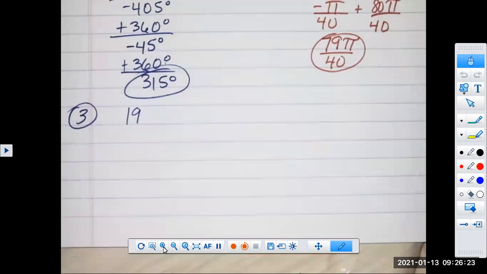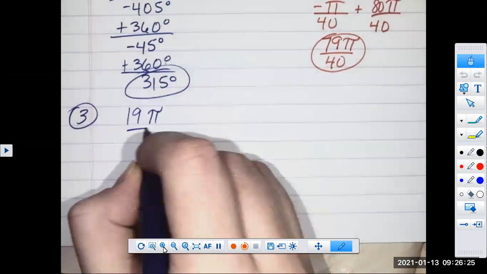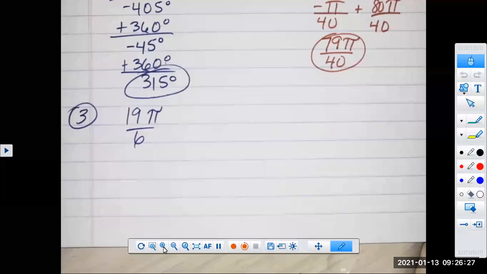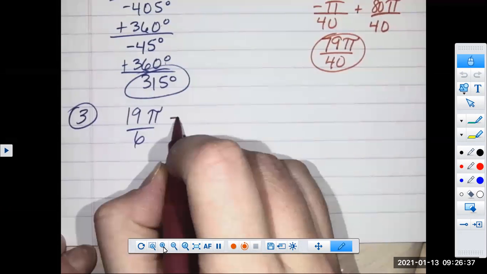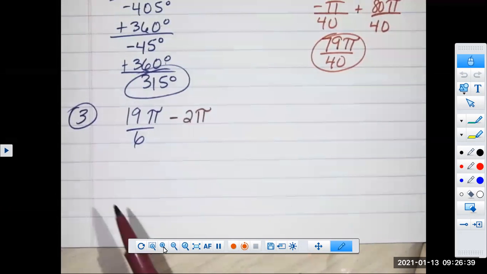All right, 19 pi over 6. This is a positive angle in radians. Find its coterminal angle. Do you add or subtract 2 pi? Good, it's positive, so we're going to subtract 2 pi. Also notice that 19 over 6 is greater than 2, and we want an angle that's below 2 pi or 360.